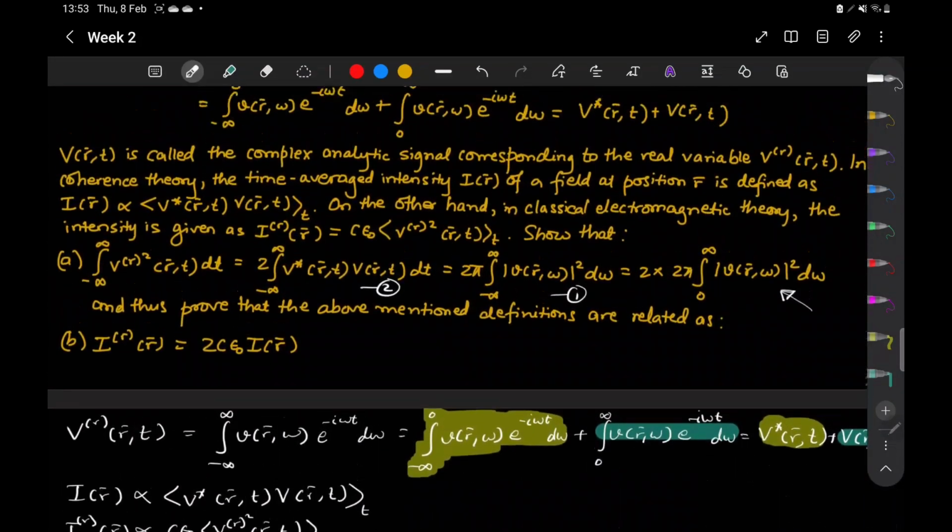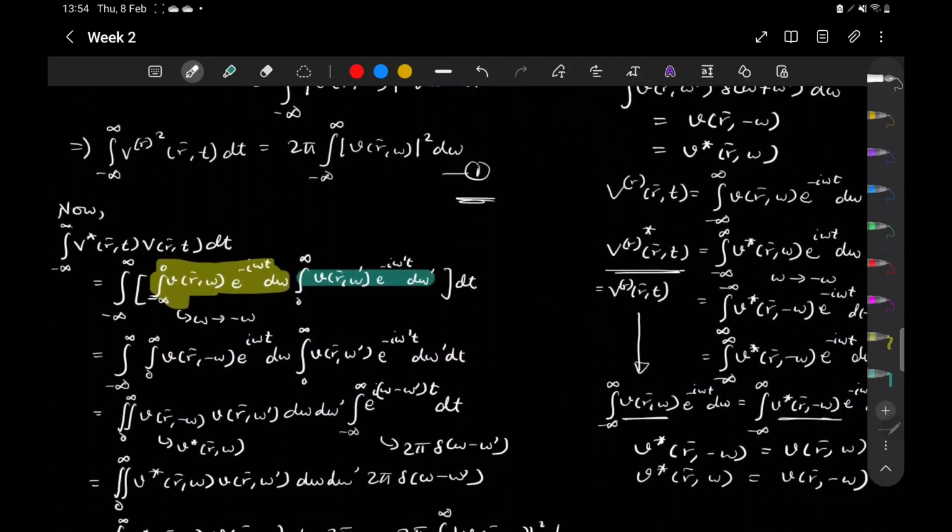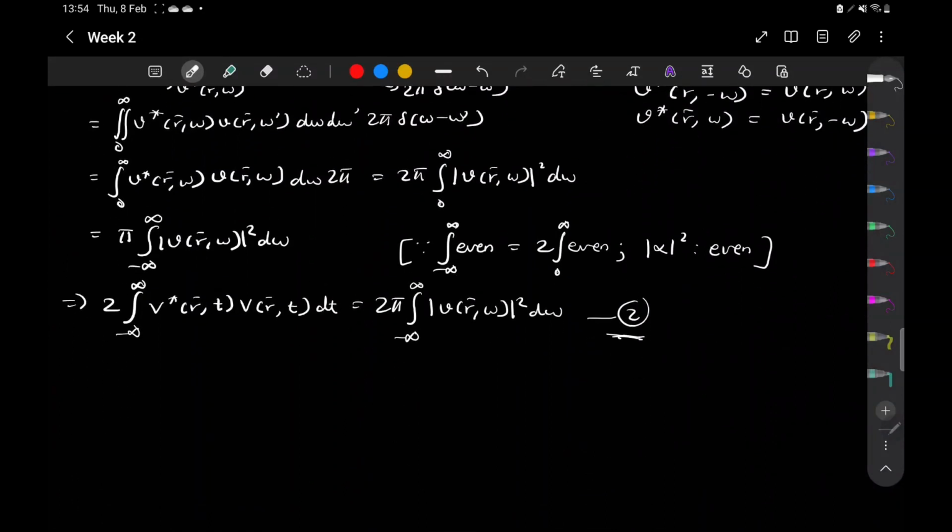Now let us look at the last term. So from this to this it is pretty straightforward, because as I said, integral of minus infinity to infinity of an even function is 2 times the integral 0 to infinity of that. But let me just show it once again explicitly.